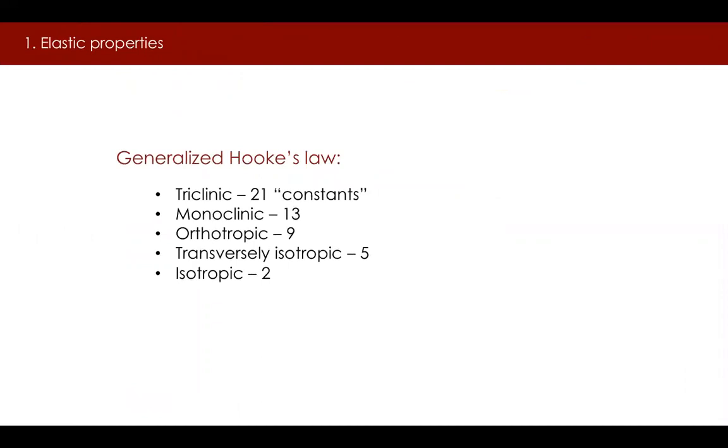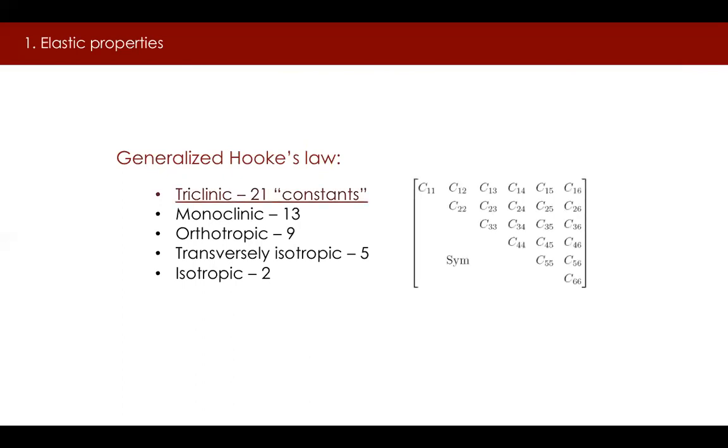For a general linear elastic material, the constitutive relationship between the stress and strain is given by the generalized Hooke's law. Here, the stiffness tensor is 4th order, positive definite, and possesses major and minor symmetries. For convenience, this 4th order tensor of elastic moduli can be represented by a 6x6 matrix.